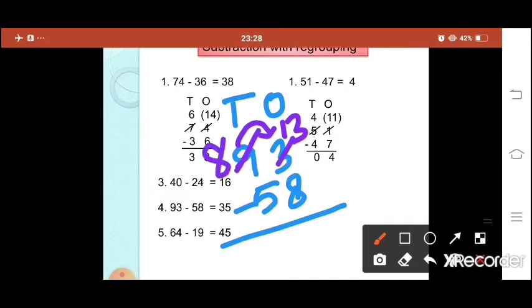Yes, now 13 in the mind, 8 on the finger, before 13: 12, 11, 10, 9, 8, 7, 6, 5. 8 in the mind, 5 on the finger, before 8: 7, 6, 5, 4, 3.